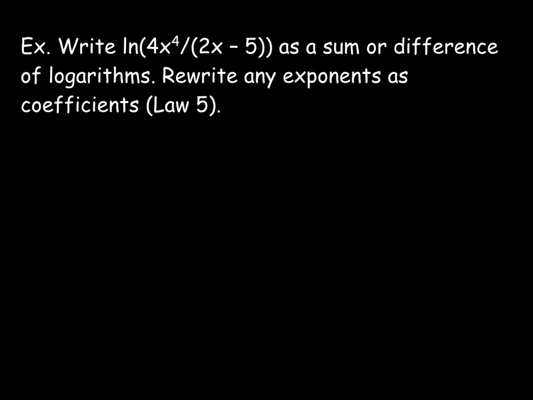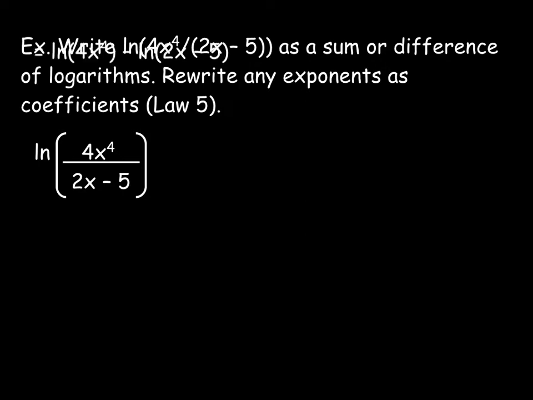Example: write the natural log of 4x to the fourth divided by the binomial 2x minus 5 as a sum or difference of logarithms. Rewrite any exponents as coefficients by law number 7. We begin by applying law number 6, rewriting the log of the quotient as the difference of logarithmic expressions.